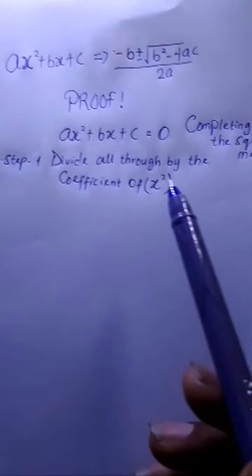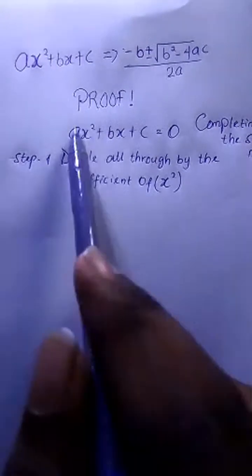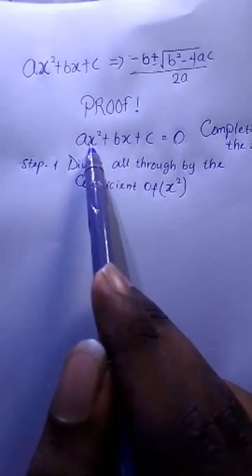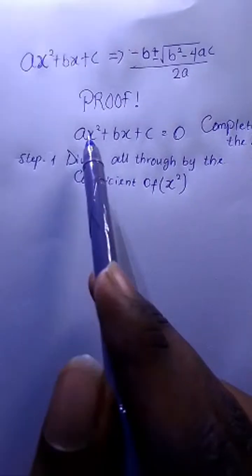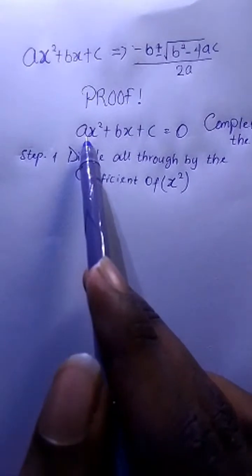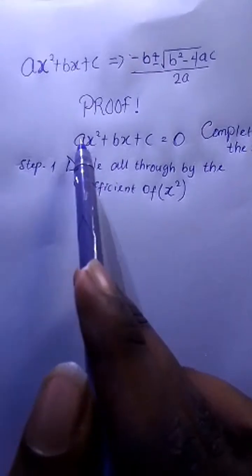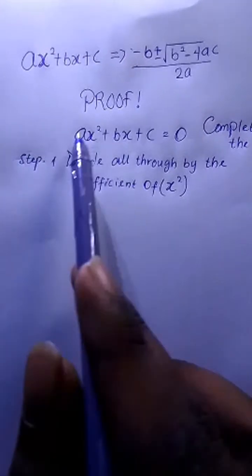So this is step 1. Step 1 is divide all through by the coefficient of x squared. Coefficient is the number standing beside the x squared, right? That's what coefficient means. The number standing beside x squared is a. We have to divide all through by a.